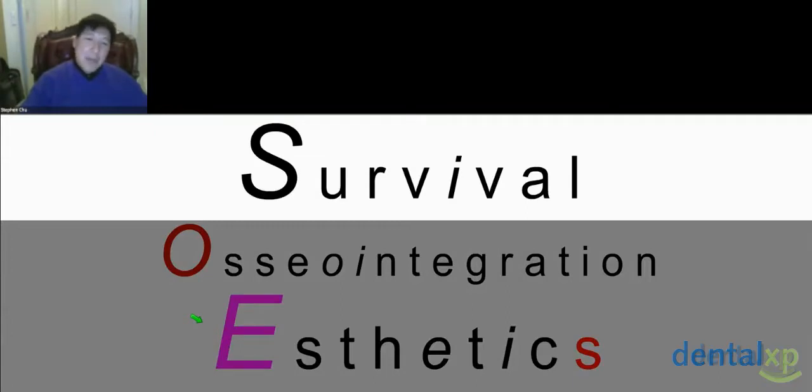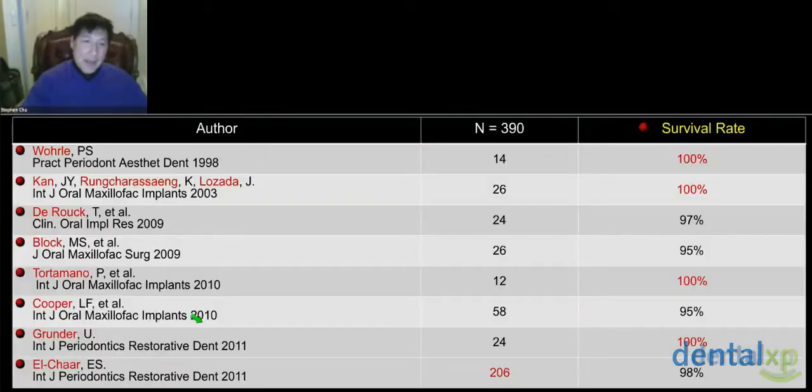If we place an immediate implant into a fresh extraction socket, do we necessarily need to place a bone graft to, number one, enhance the survival rates of immediate implants? If you look at all these authors in the literature to date on anterior implants, there are almost 400 implants that have been reported in the dental literature.